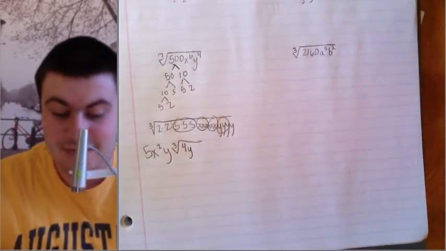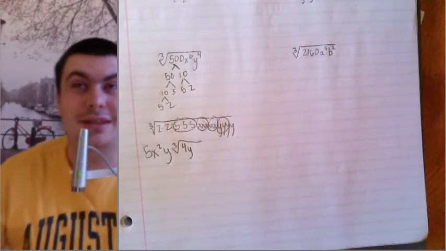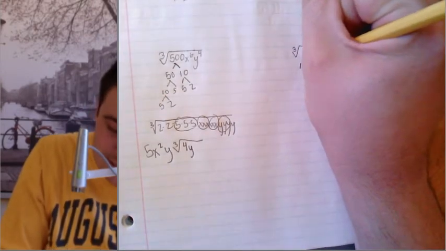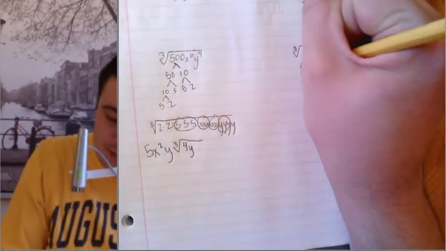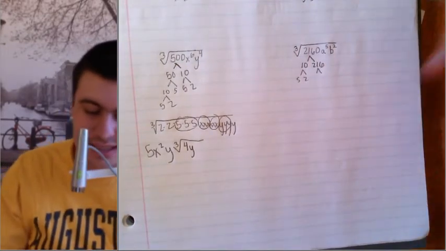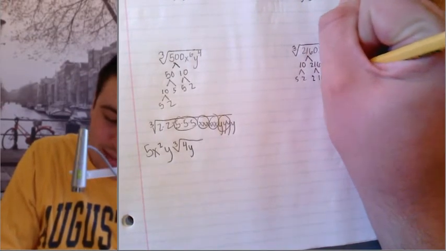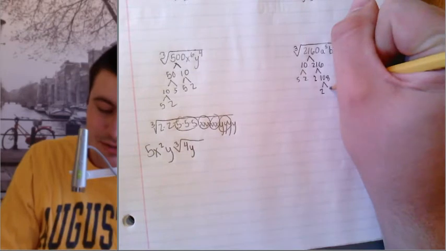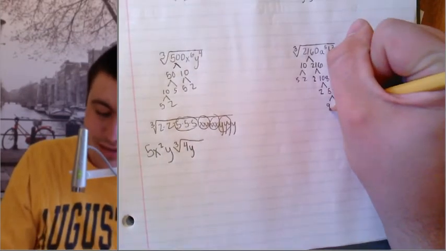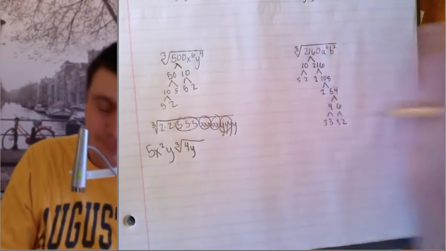Now, if we have 2160 a to the 5th b squared, let's take 2160 and say that that's 10 times 216, so 10 is 5 and 2. 216, let's say that that's 2 and 108. 108 is 2 and 54. 54 is 9 times 6. 9 is 3 times 3. 6 is 3 times 2.